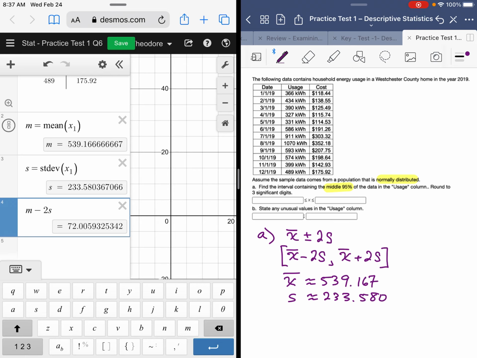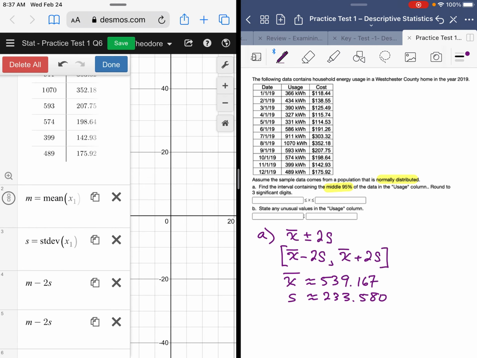X bar is not a form of notation in Desmos, so I'll use something else like m for mean. By typing in m minus 2s, it will take what I have stored for m and subtract from it 2 times what I have stored for s.